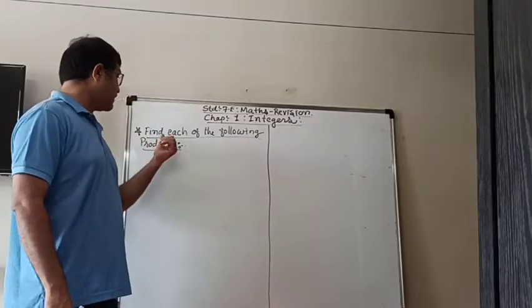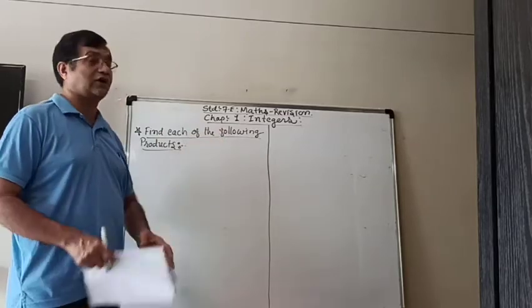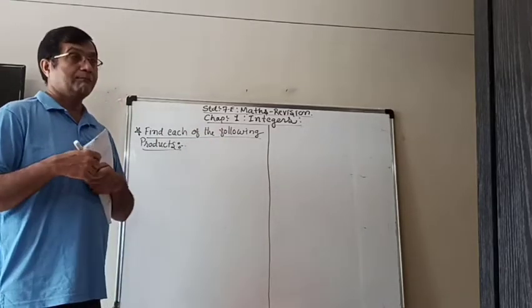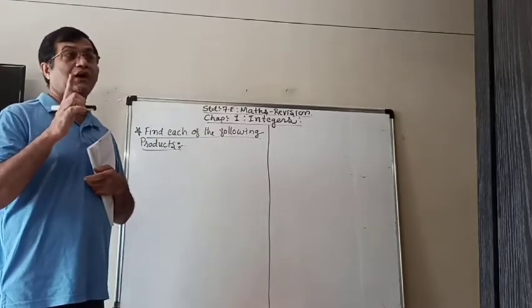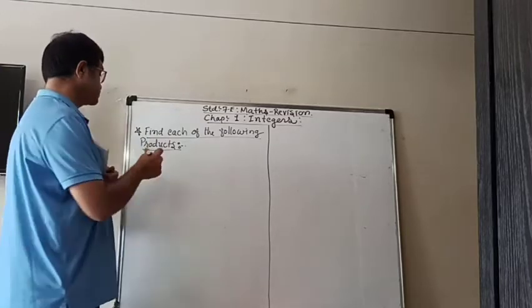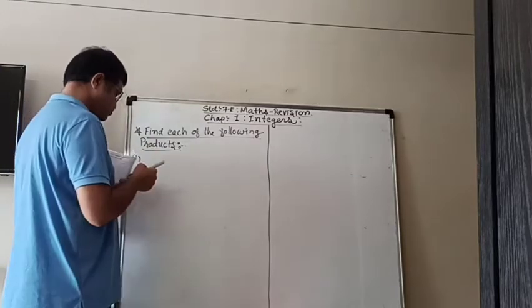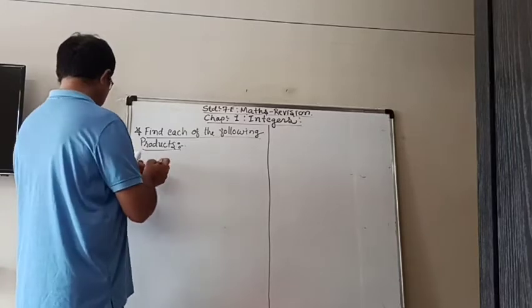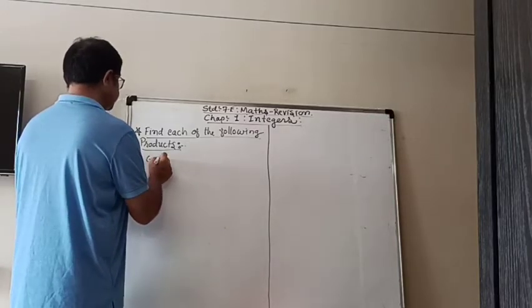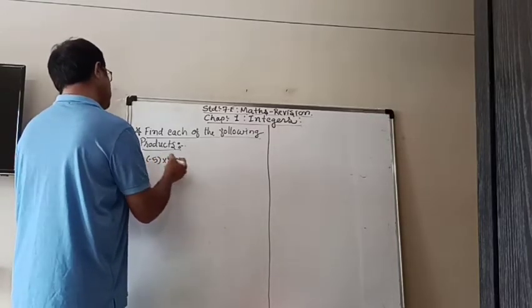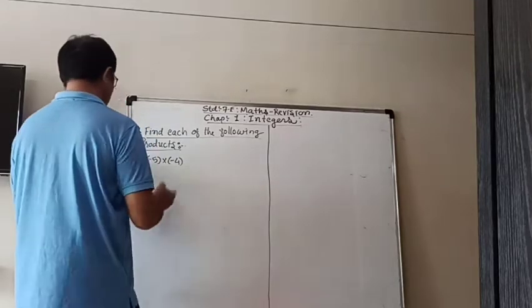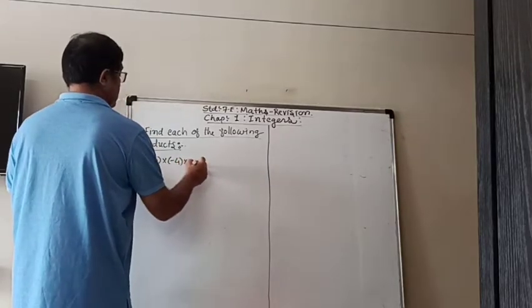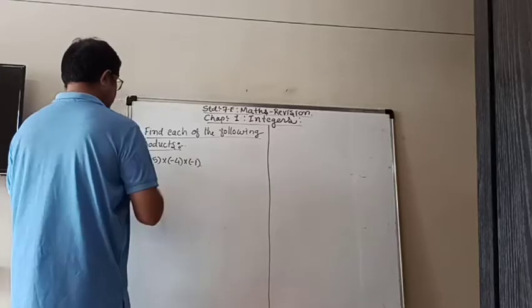Now find each of the following products. But as I told you, be careful about the sign. First one, minus 5 multiplied by minus 4 multiplied by minus 1.